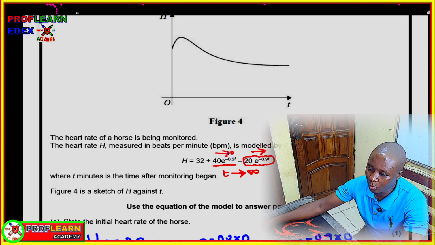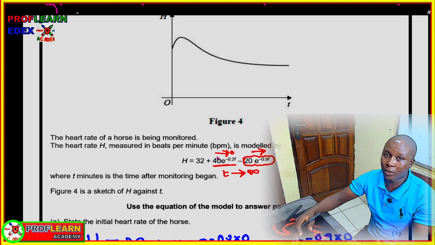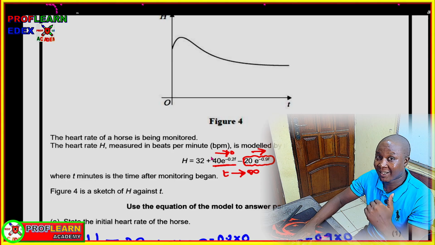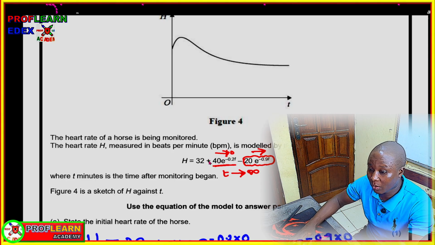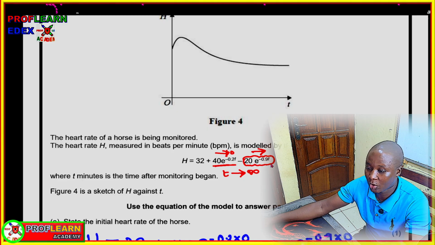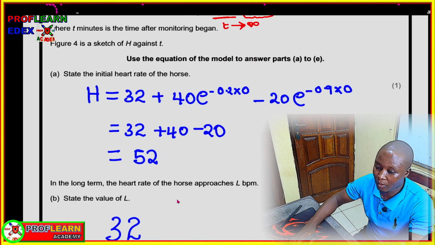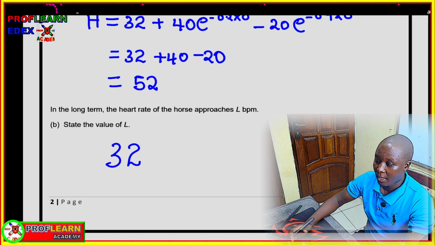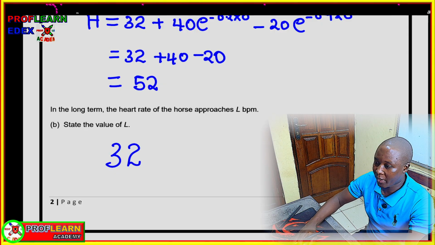Because they are having a negative, meaning they are going to be smaller and smaller, approaching 0, then the entire equation is approaching 32. If this approaches 0 and this approaches 0, then the equation is going to remain as 32. So that's the logic I used there.